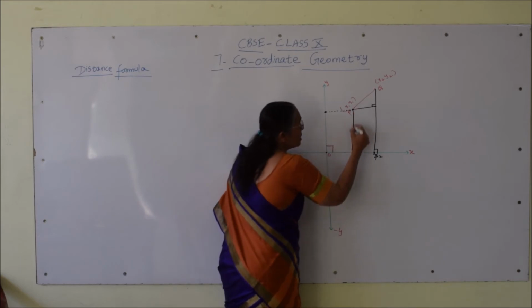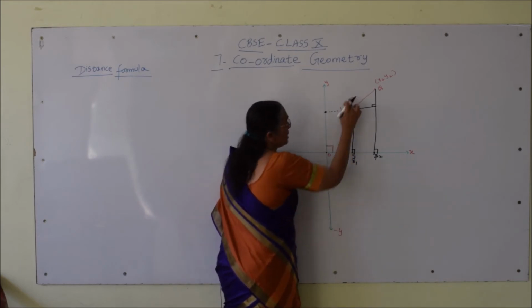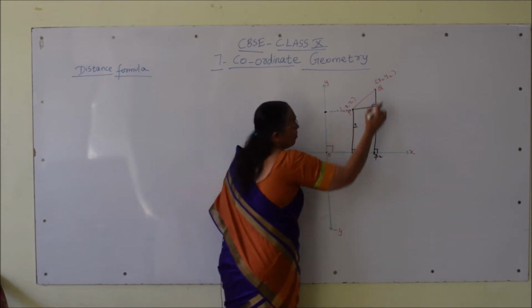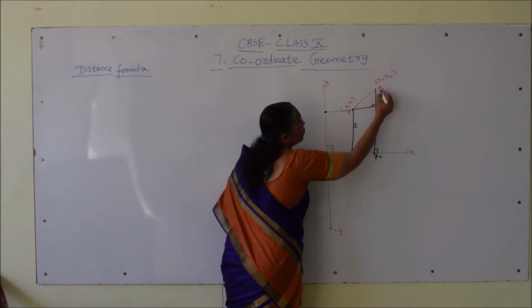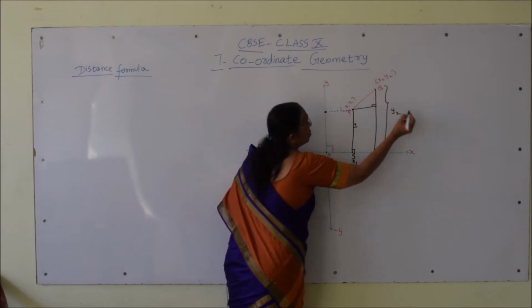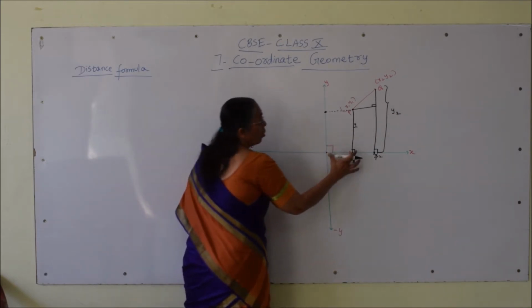Now, this distance is the distance of a point from the x axis, which is nothing but y1, and the full distance QT is y2. Now, what is the distance OS?